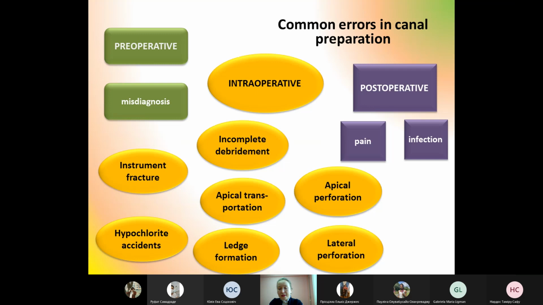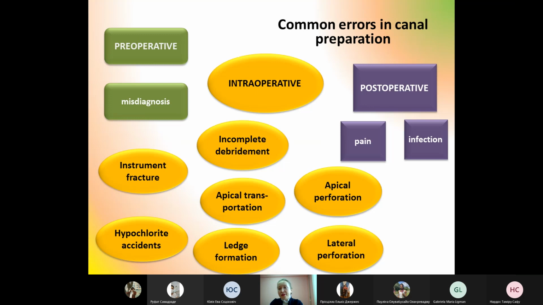So this is necessary to keep in mind. And in general, to avoid any mistakes, it is necessary to know how to do everything correctly and be careful with everything you are doing.